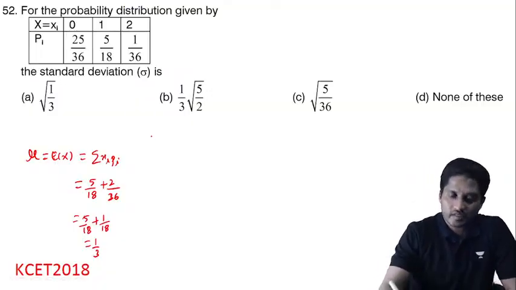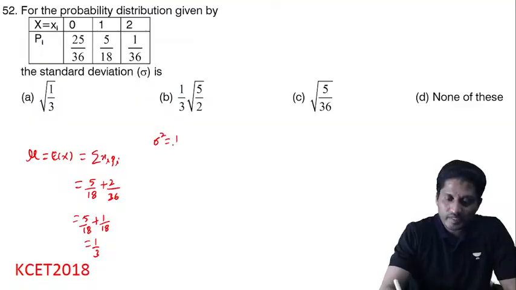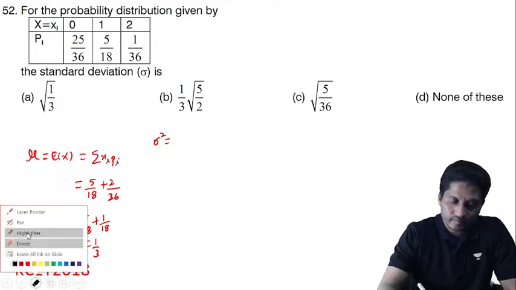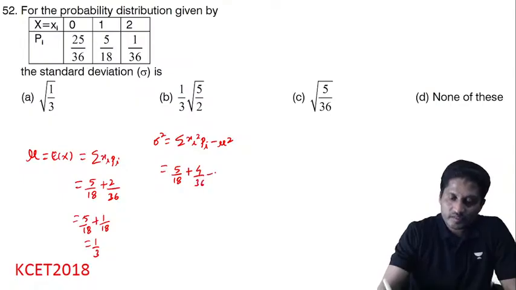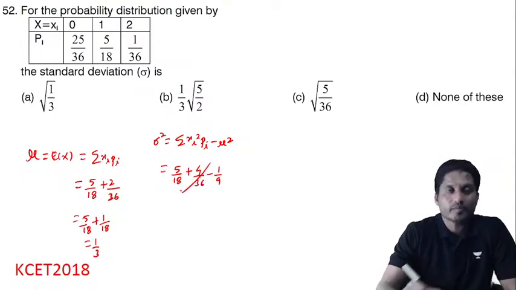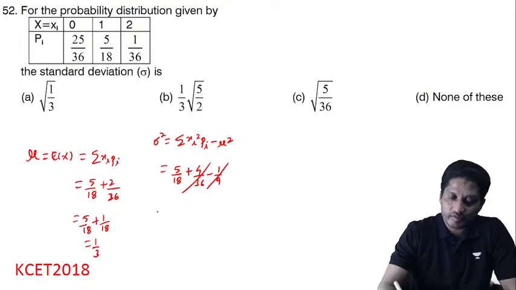Right, now variance is equal to summation xi square pi minus mu square. Square xi multiplied by pi is 5 by 18 plus 4 by 36, minus mu square which is 1 by 9. Anyways, 4 by 36 is 1 by 9, it will cancel with 1 by 9.